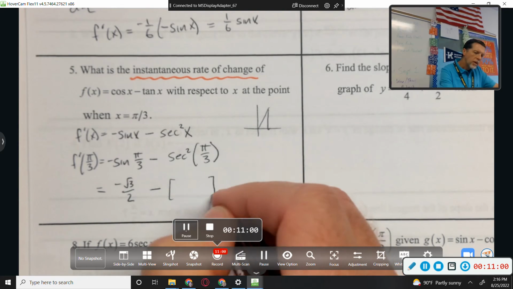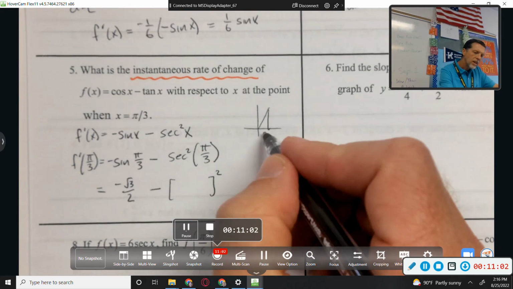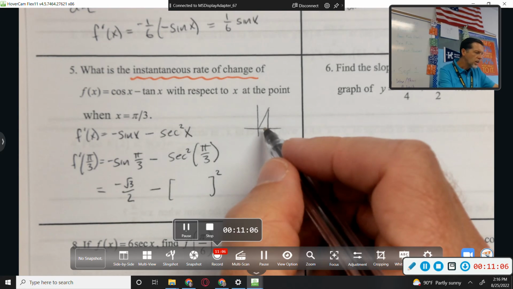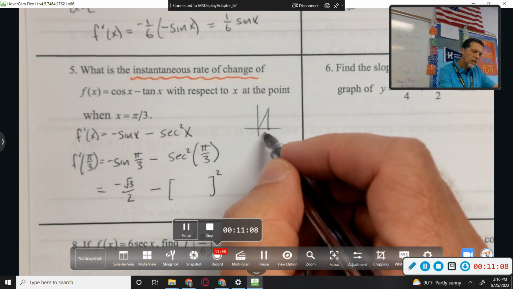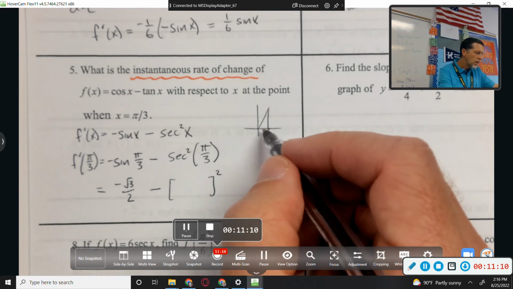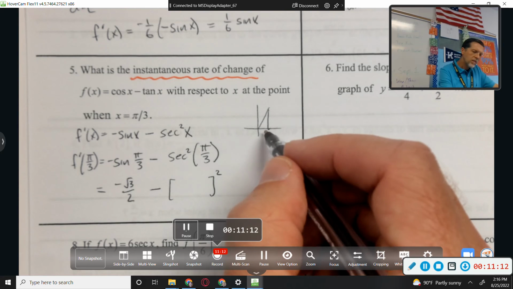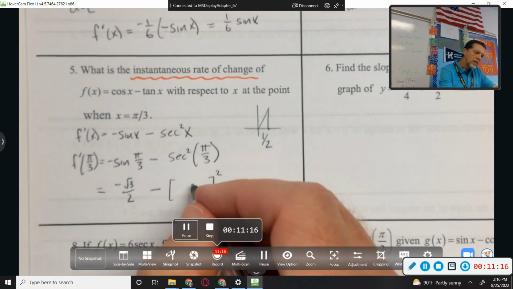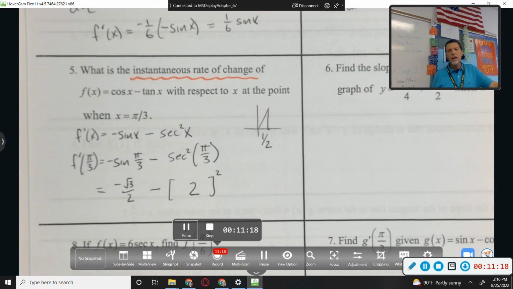Secant of pi over 3. Secant goes with cosine. Cosine is, let's see, cosine's 1/2. So secant is 2. And actually that's a safe stop right there. I mean, the next step isn't hard, but that's a safe stop.